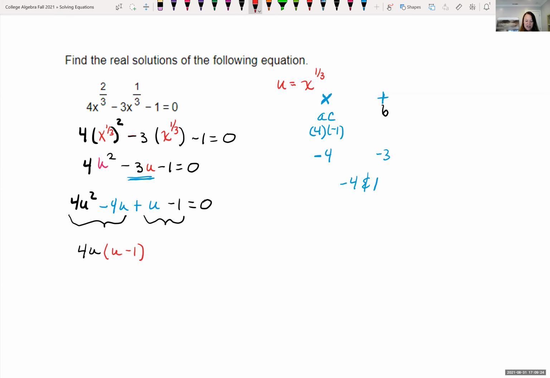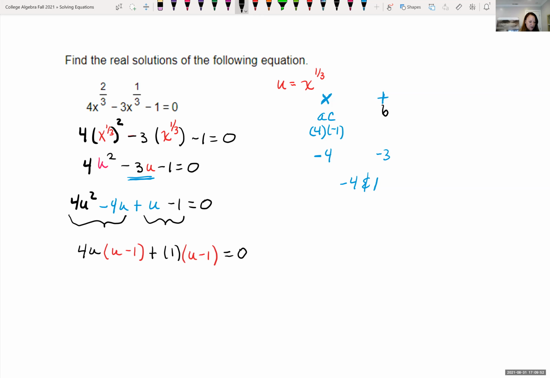So notice the last two terms, u minus 1, don't have anything in common. But that's the same thing that's inside my parentheses over here, u minus 1. And so think of it as that you're pulling out a positive 1. I'm just going to write that 1 there just to make it easy for you to see when I factor out the parentheses. Normally, I wouldn't write that.